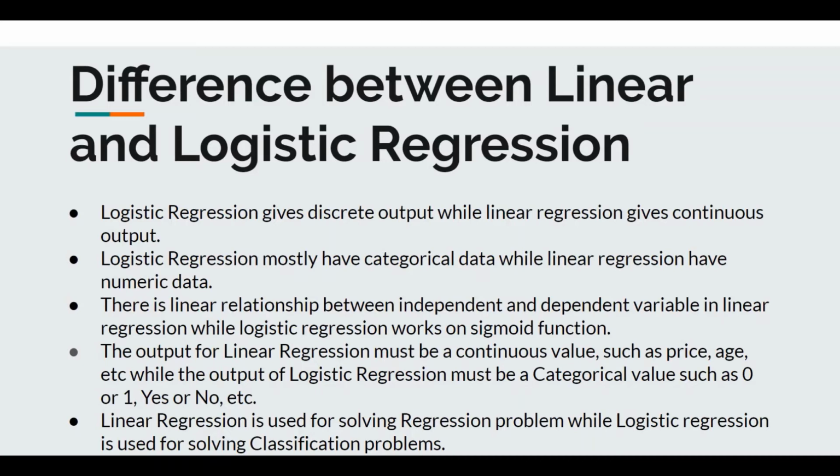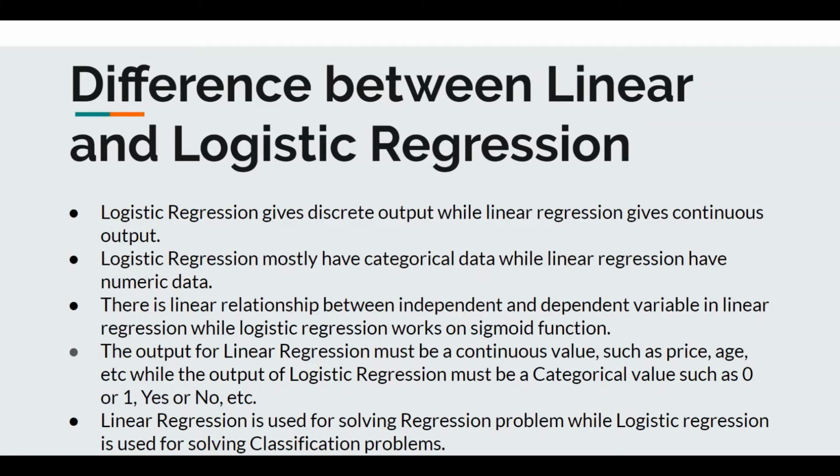In logistic regression we mostly have categorical data, while in linear regression we have numeric data. There is a linear relationship between the independent and dependent variable in linear regression, while logistic regression works on the sigmoid function.